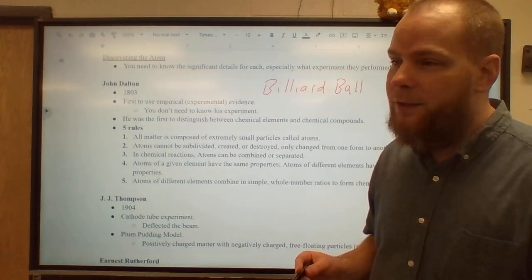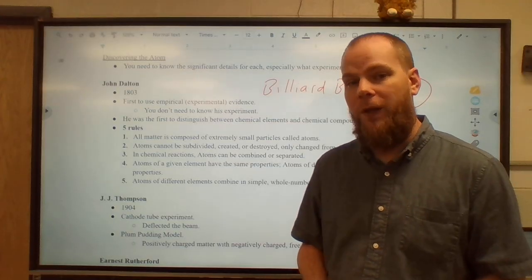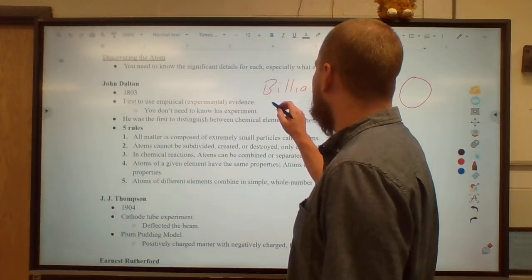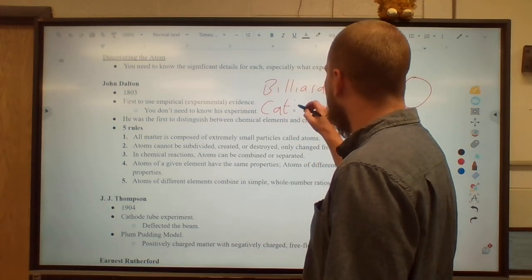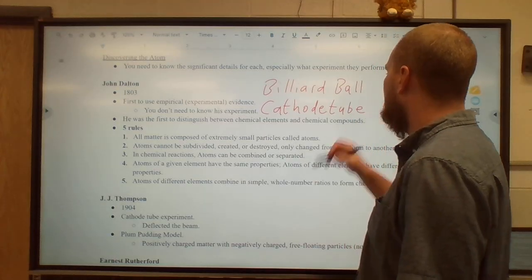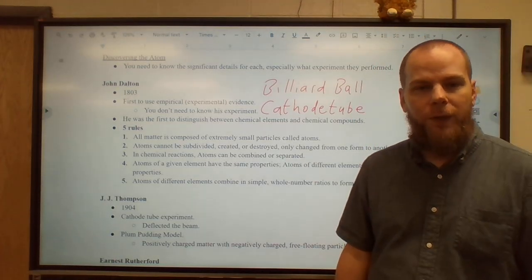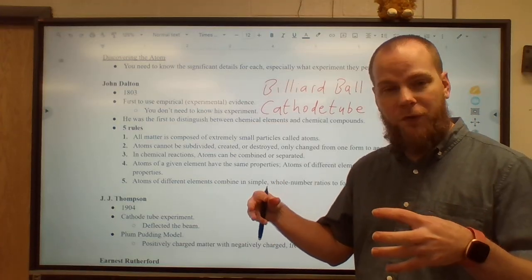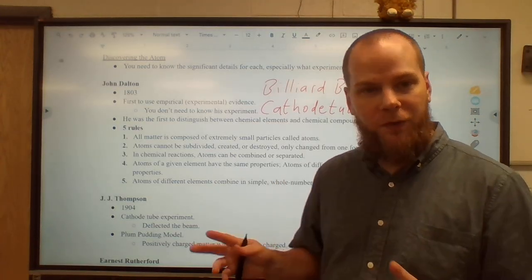Now, the experiment he did is called the cathode tube experiment. Okay, I'll just put that here. A cathode tube. Now, a cathode tube is basically just a glass bulb with gas in it.